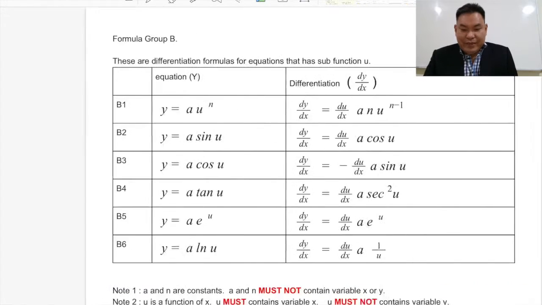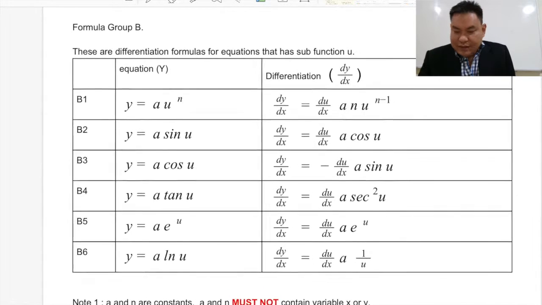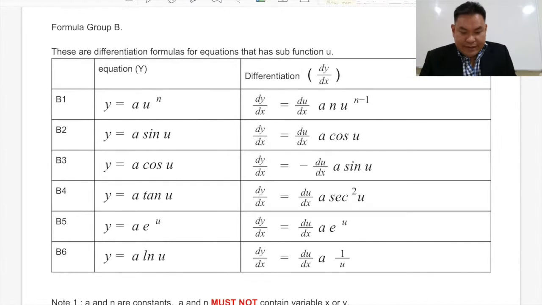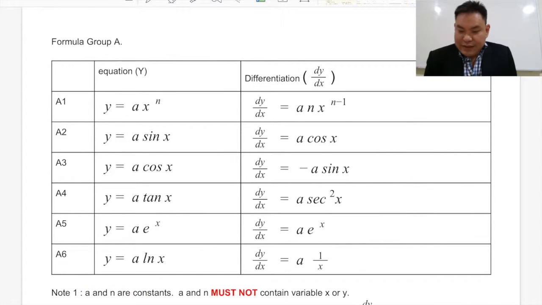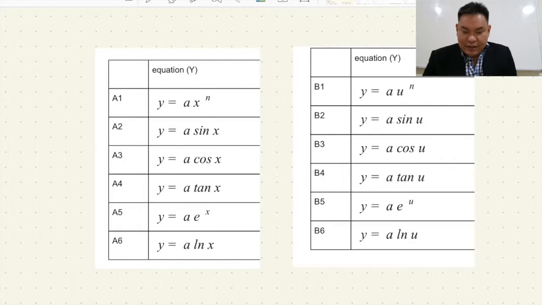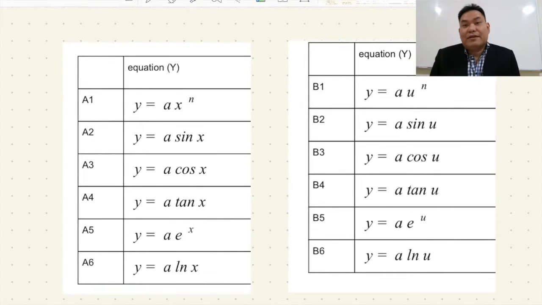This is formula group B. If you notice, the formulas are very similar to formula group A on the previous page of my formula list, and to be able to appreciate the similarities between these two groups of formulas, I put these two groups of formulas side by side.